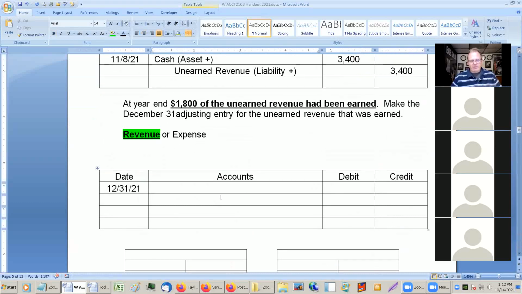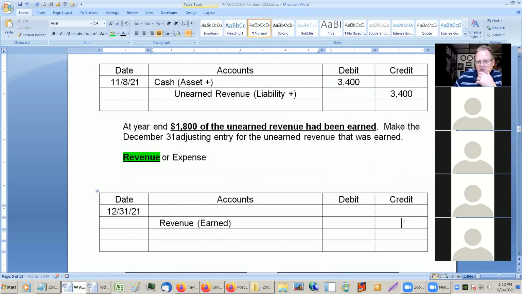So we're going to have a revenue. If you want, you can put that it's earned. They usually don't put that in there because revenue by definition is earned, but there's nothing wrong with putting earned revenue in there, or revenue earned, however you want to put it. So we've earned 1,800 of it, right?